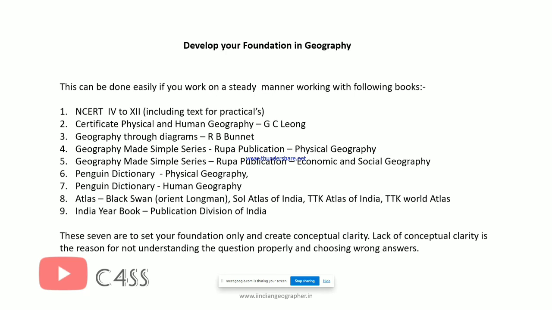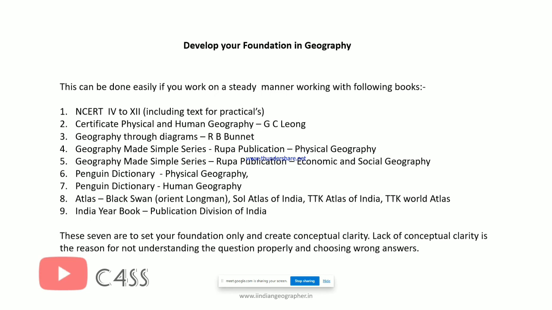Because most of the things that you study at PG level, or maybe even while you are doing PhD, you'll find the fundamental things are from what you have learned during your school days, right? They don't change. These are facts. They don't change, right? So this is very important. Get an NCERT book, or there is an NCERT app available.